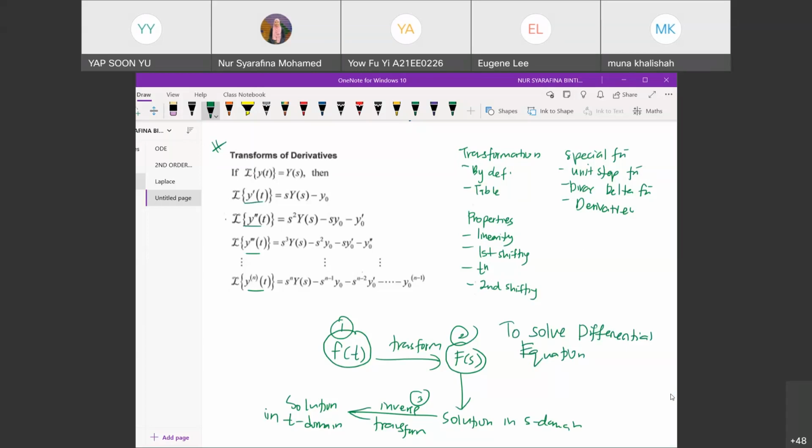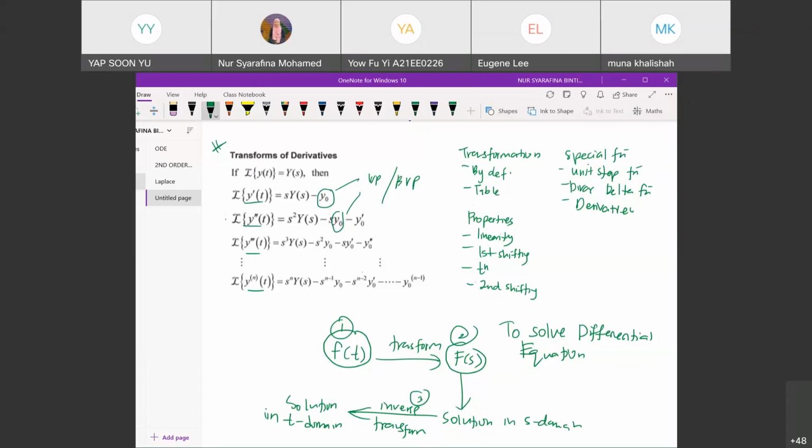There are derivations on how we obtain this one by one, so at least you know how to transform. If you have y prime, it is sY(s) minus y naught, where y naught here is the condition, IVP or BVP. After this, we can see one by one. But before this, we have to learn about inverse first.